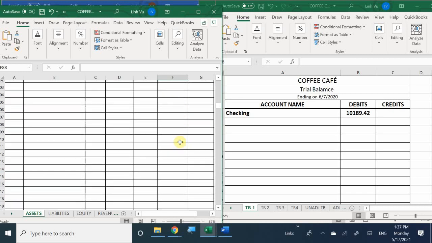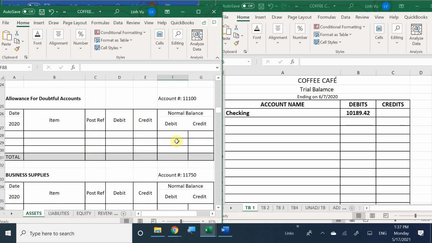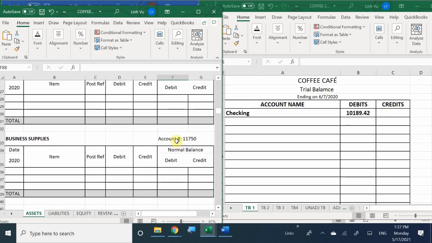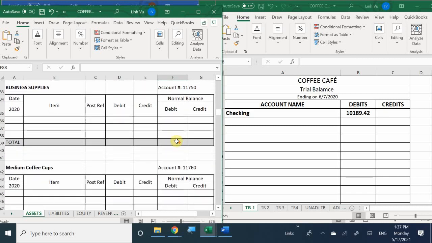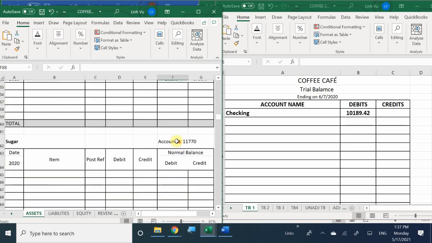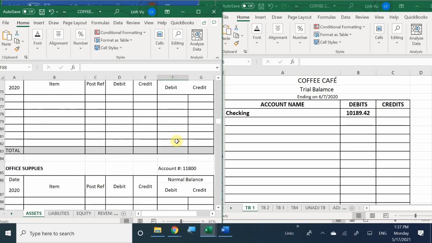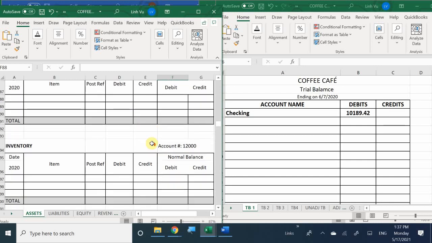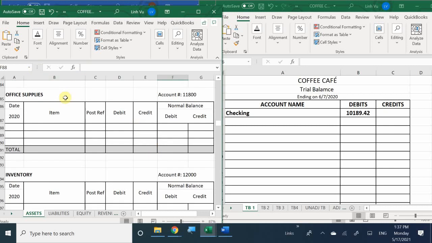No. We haven't even started our sales yet, so no accounts receivable or allowance for doubtful accounts. Let's see what's next. Did we make purchases of business supplies yet? No, so we can skip this whole section. Did we make any purchase of office supplies yet? Not yet, so no office supplies.